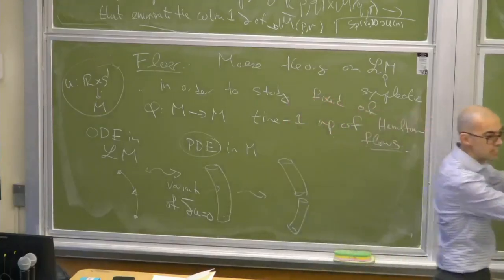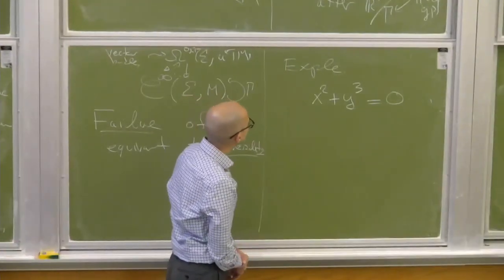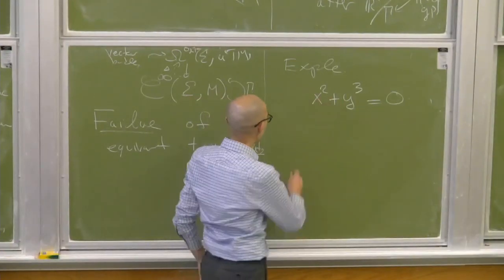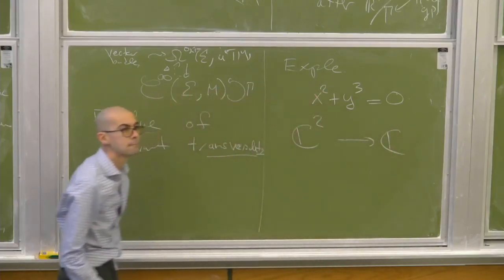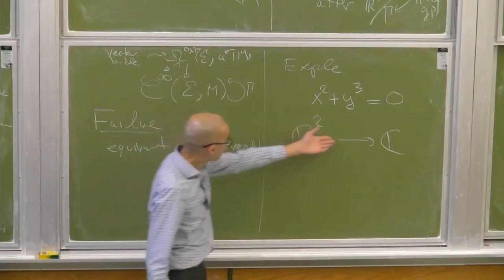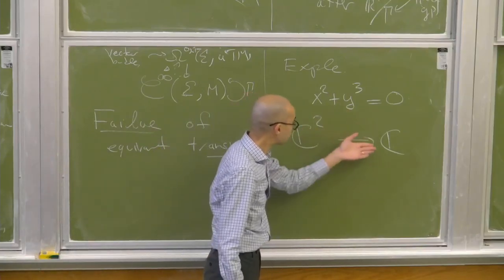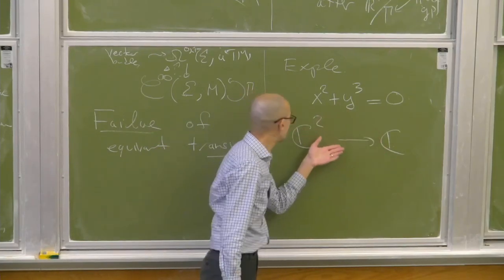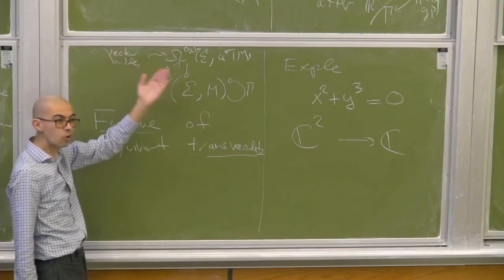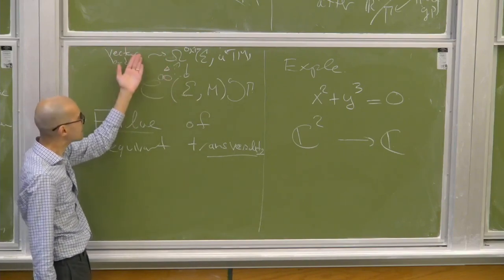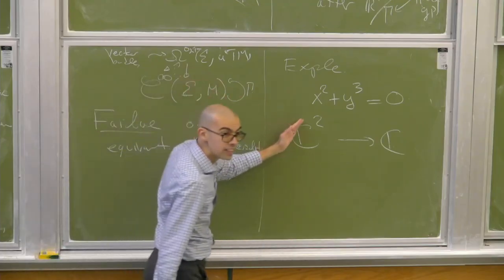At 0, it has a singularity. And I can interpret this as a map from C^2 to C. And you could imagine that this map from C^2 to C is some kind of finite dimensional reduction of this infinite dimensional problem. I mumbled some words about Fredholm, and Fredholm basically means this kind of problem admits such a finite dimensional reduction. You can choose one.